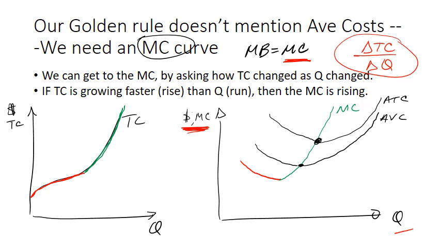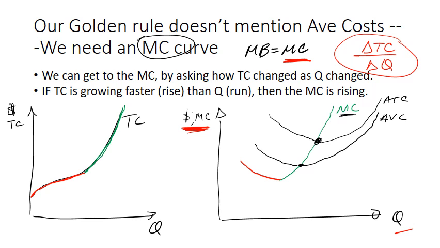The reason that's going to be the case is because if in fact the MC is lower than the average, it'll drag the average down, because if the next unit costs you less than your current average, whatever kind of cost you want to talk about, your AVC or ATC, then the average of course has to be falling. Once the MC gets above that curve, then obviously the next unit is going to cost you more than your current average, and it has to drag your averages up.